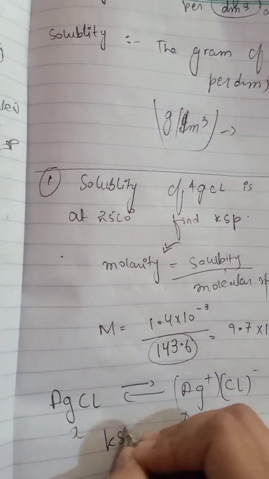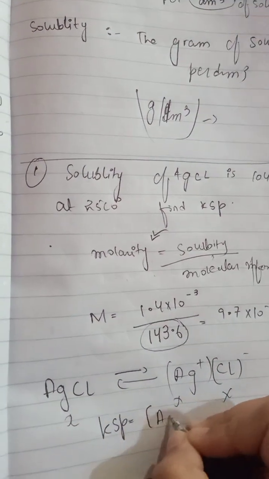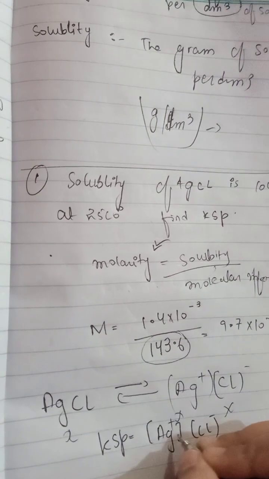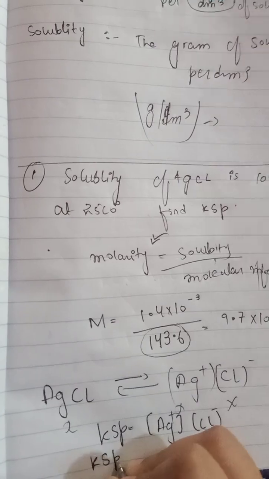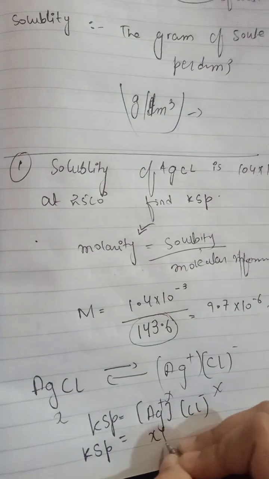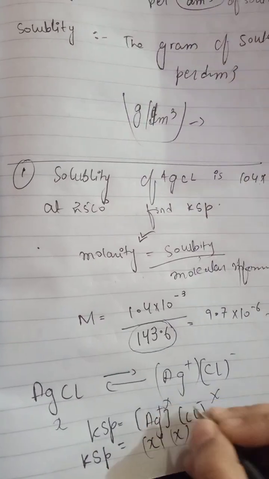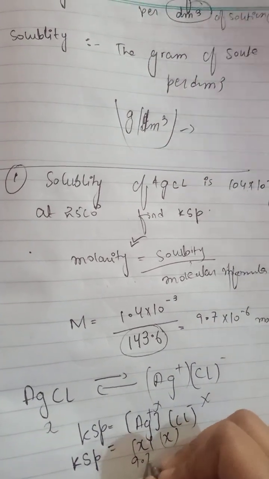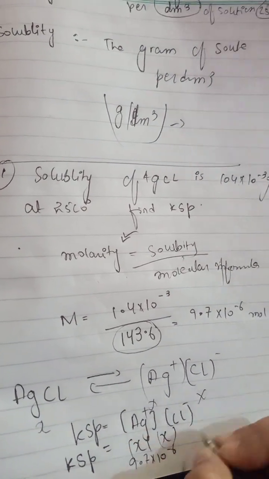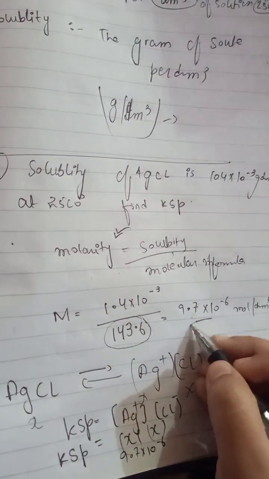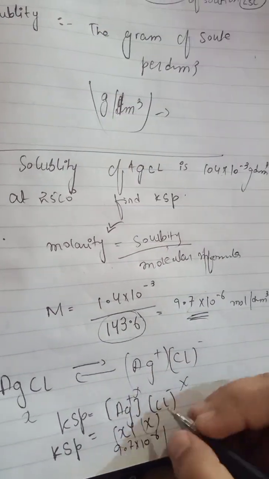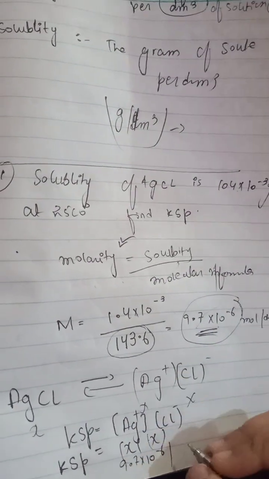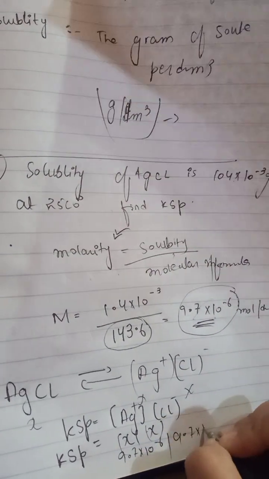So Ksp is equal to Ag plus and Cl minus. We don't know the concentration, so we write X and X. Here X is 9.7 multiplied by 10 to the power minus 6, the concentration we have found out.